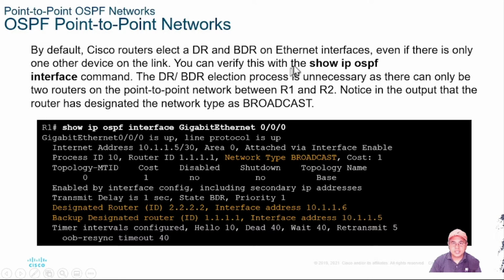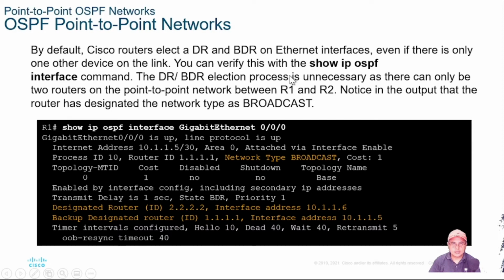In our case, we are using Gigabit Ethernet, which is an Ethernet interface. So it will automatically elect a DR and BDR by default.